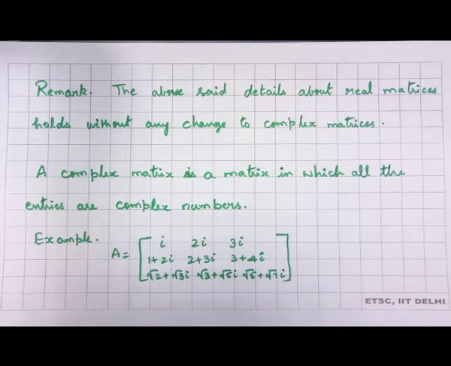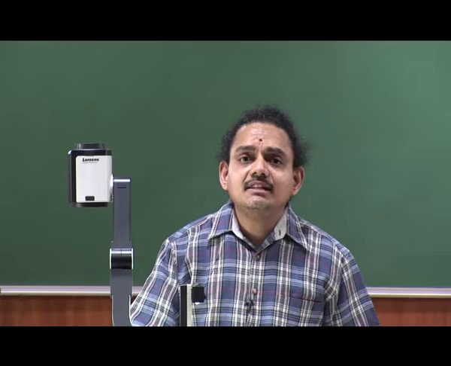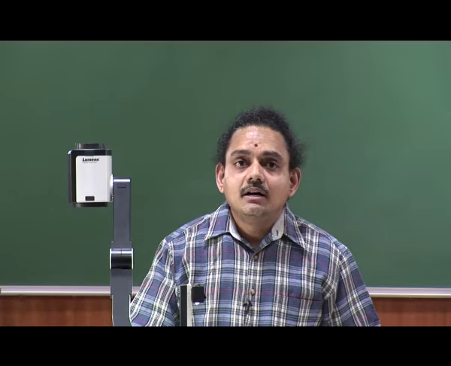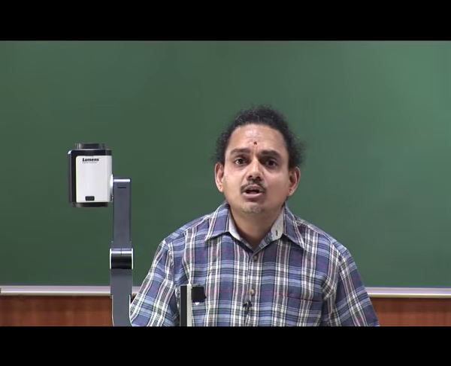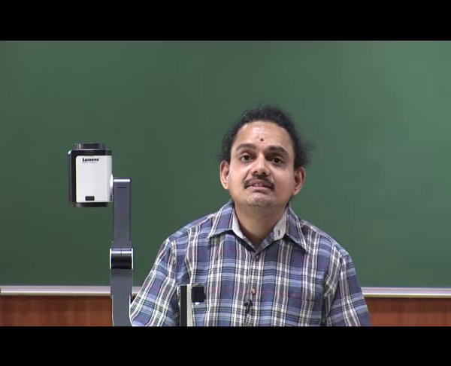What we have are complex entries in this matrix. So, this is one of the examples for a complex matrix, and just like how you add real matrices, one can also add complex matrices, entry wise.